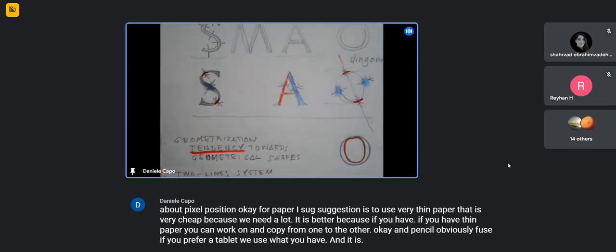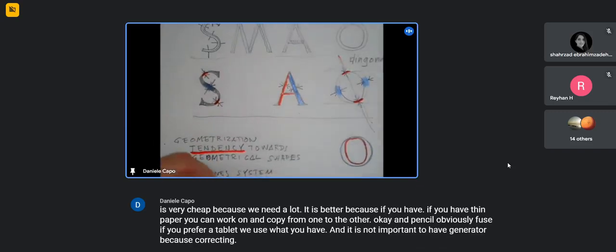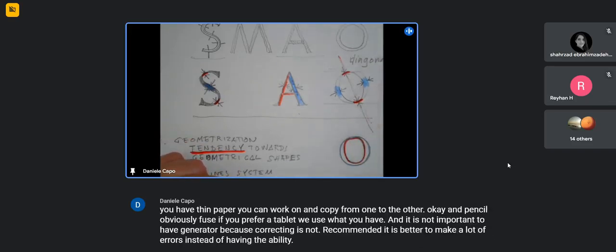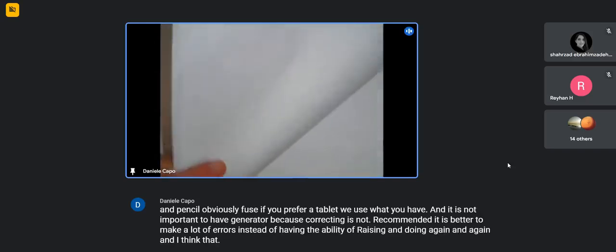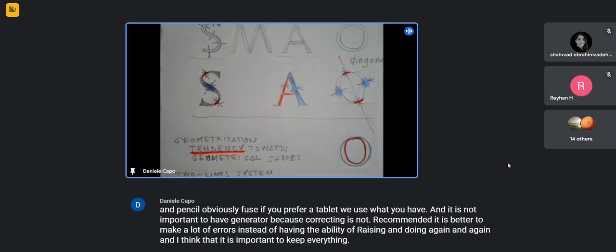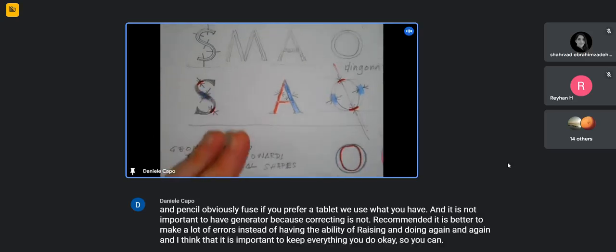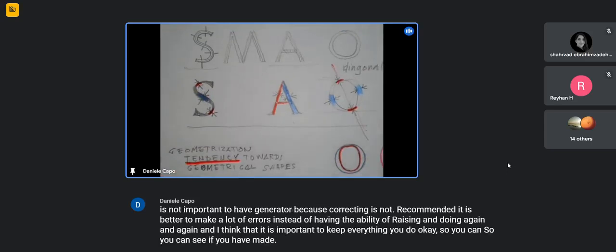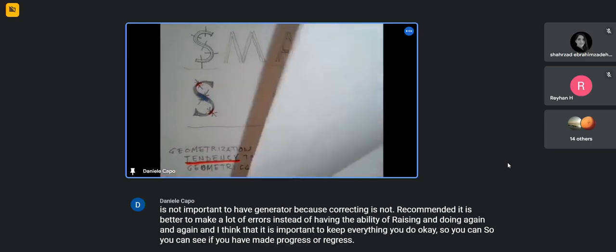And it is not important to have an eraser because correcting is not recommended. It is better to make a lot of errors instead of having the ability of erasing and doing again and again. And I think that it is important to keep everything you do. Okay, so you can see if you have made progress or regress. I hope not.